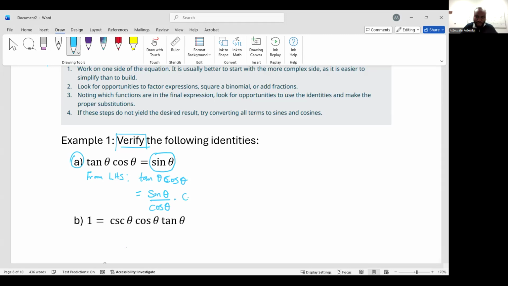Then multiply by cosine of theta, which is equal to, in this case, I can cancel the cosine here and here. So my answer is sine of theta. So folks, you can see I have been able to get that same answer that I have here, which is the right-hand side. Verified. Done.